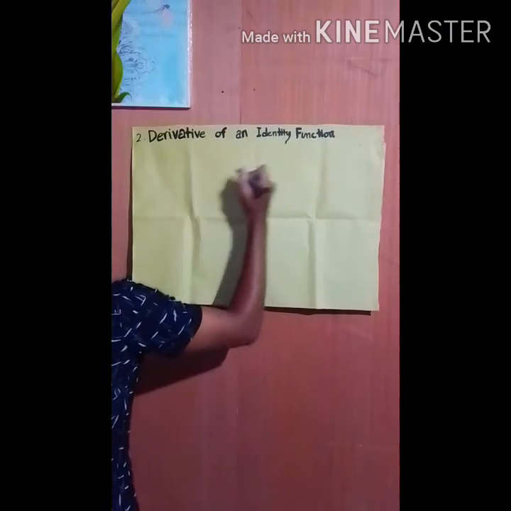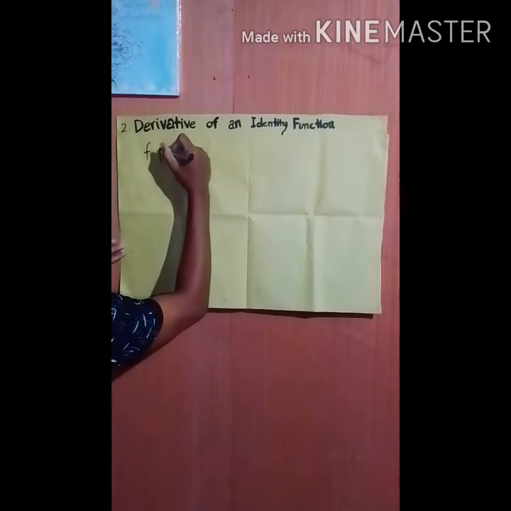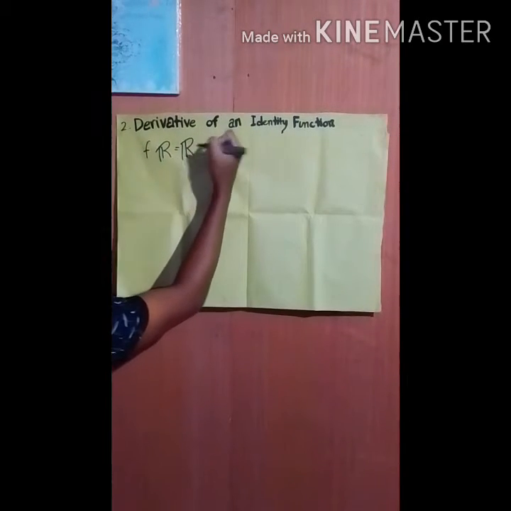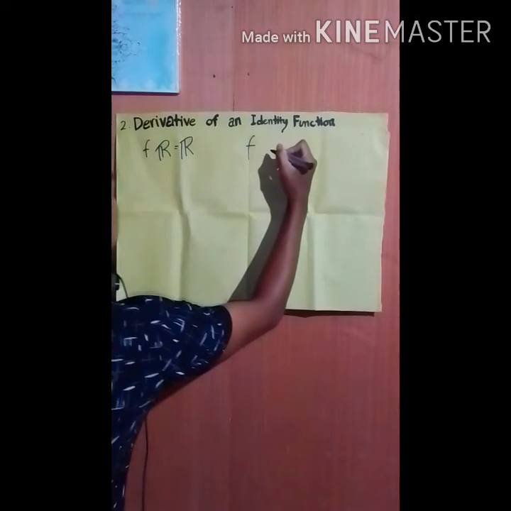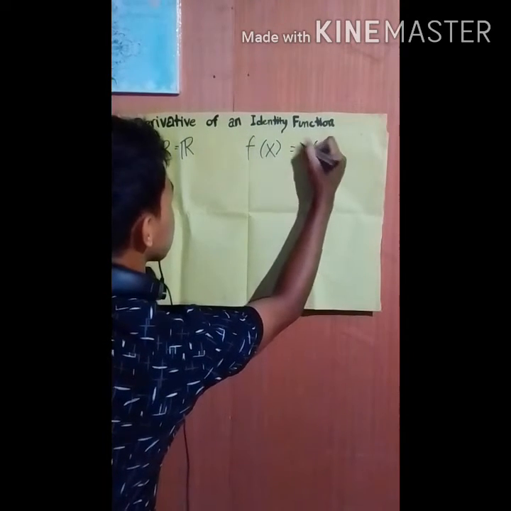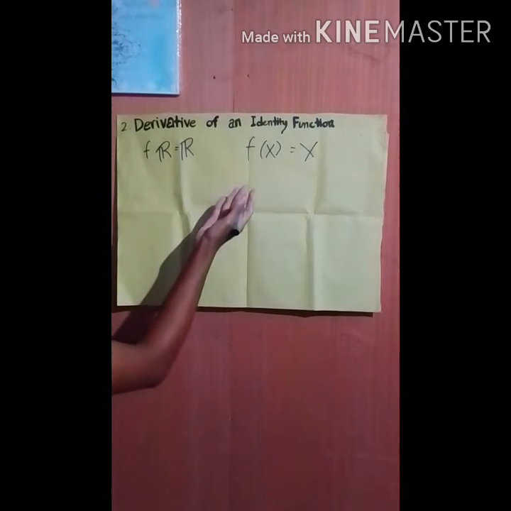For rule number 2, the derivative of an identity function, which is defined on the real numbers: f of x is exactly x. Let's now find the derivative of this function.